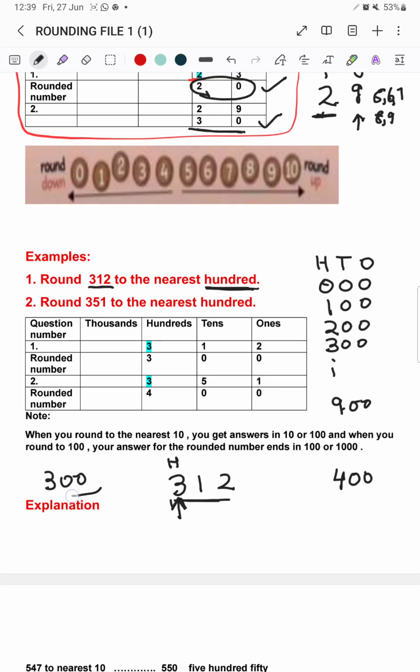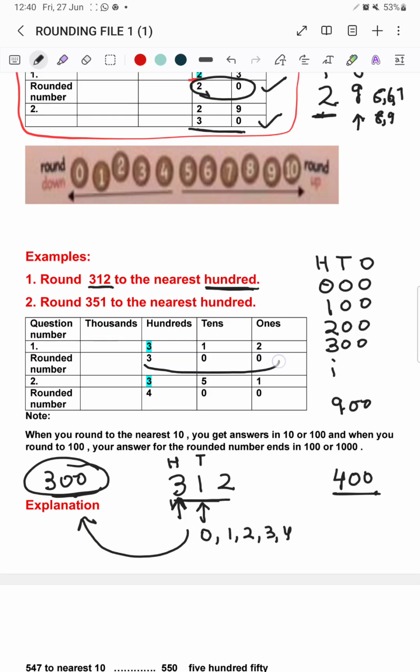Now will it go to 300 or 400? It will depend on the immediate next digit on the right, which is at tens digit here. Now this digit is 1, so we know if it is 0, 1, 2, 3, 4, it will go to the lower side, so it will round down to 300. So that is my answer here.